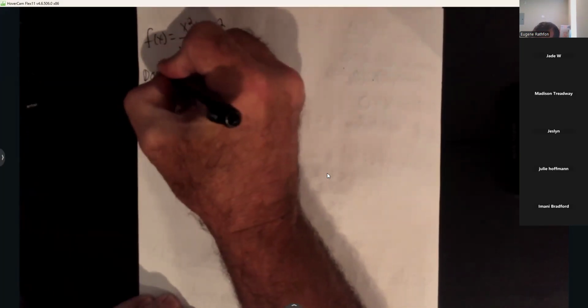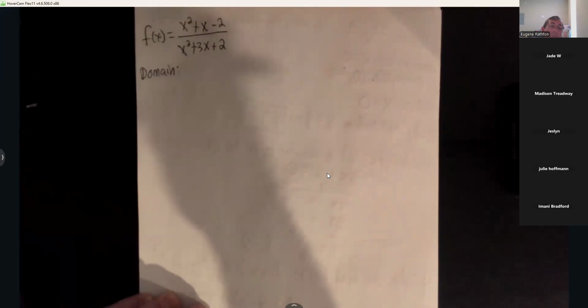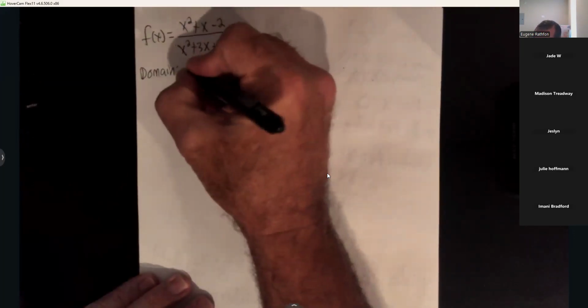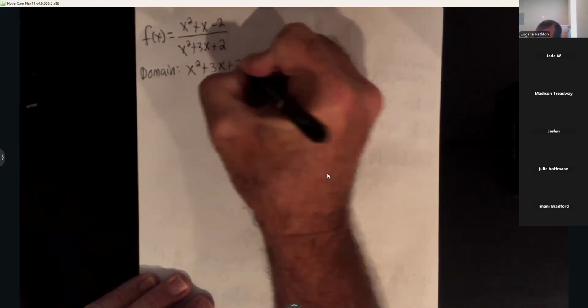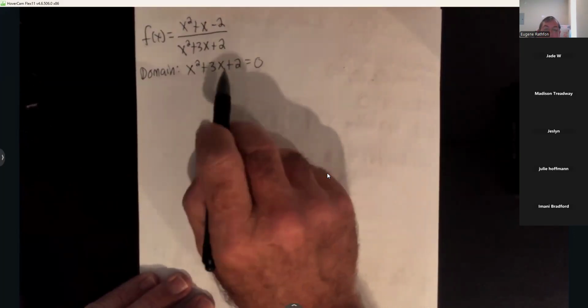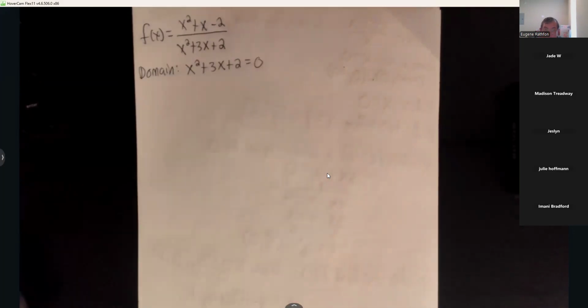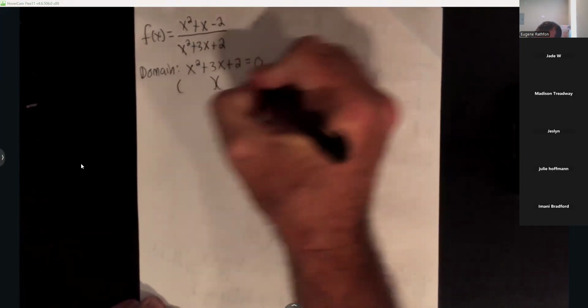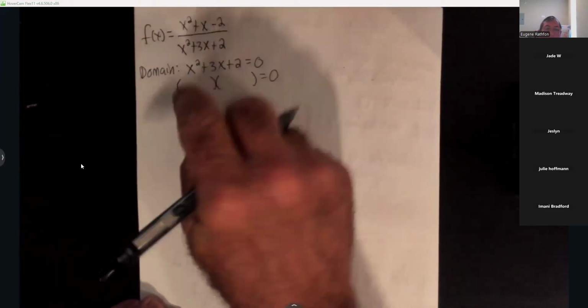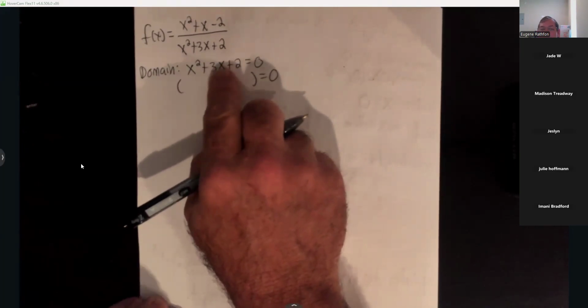All righty. So the domain I'm going to do by setting that bottom equal to 0. And remember, when I find a domain, it's basically going to give me the vertical asymptotes, because the vertical asymptotes cannot occur where this is undefined anyway, okay? So I'm going to factor this one, or you can graph this and look for the x-intercepts.